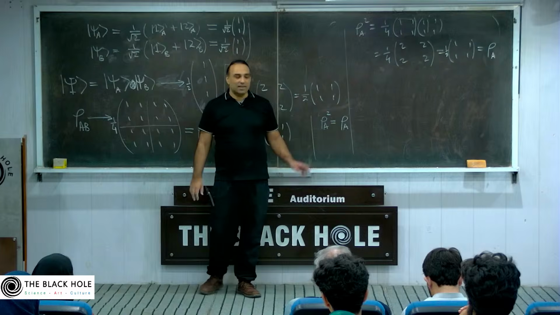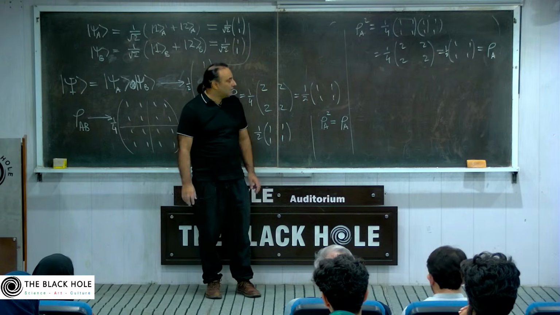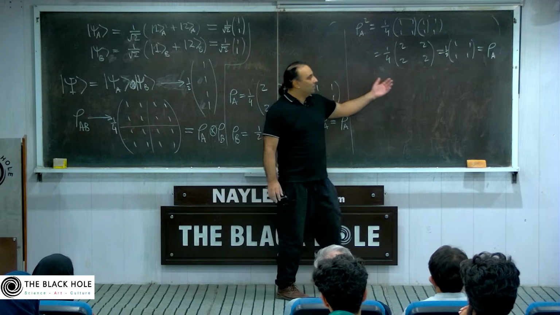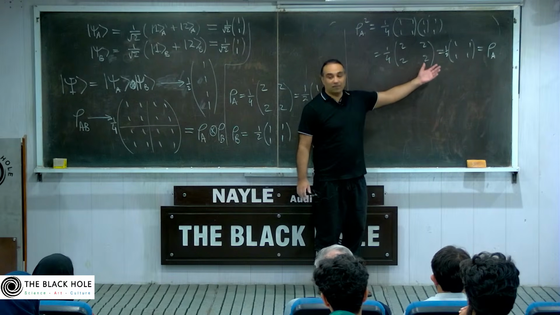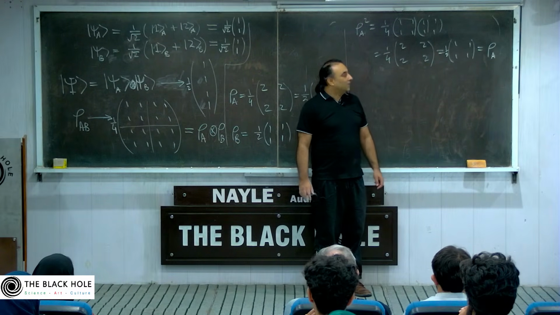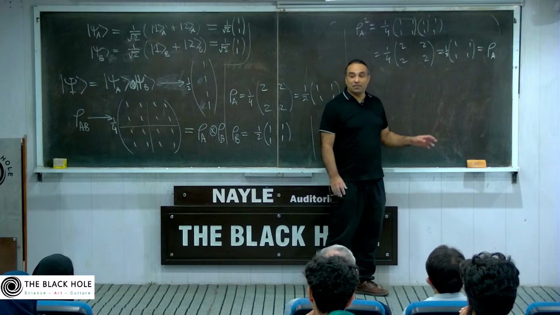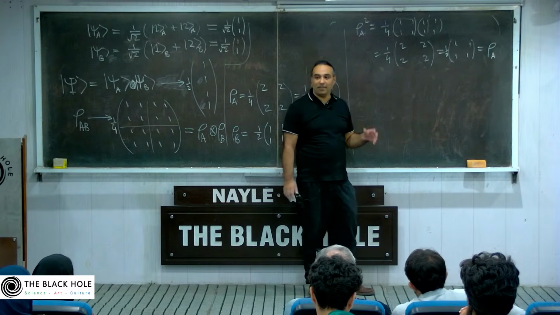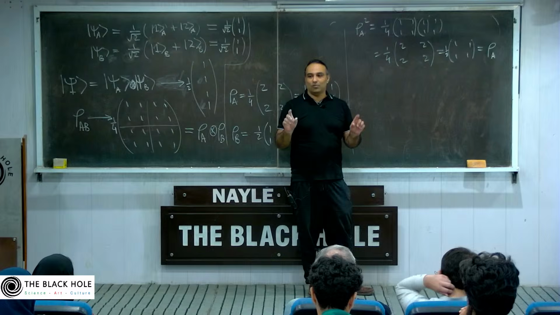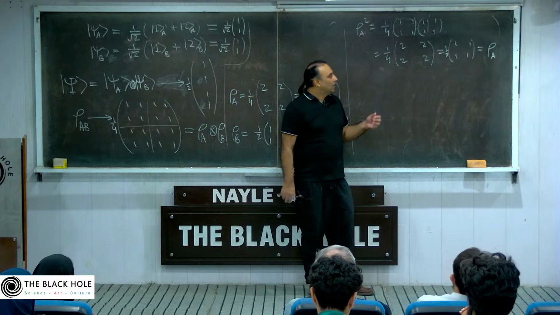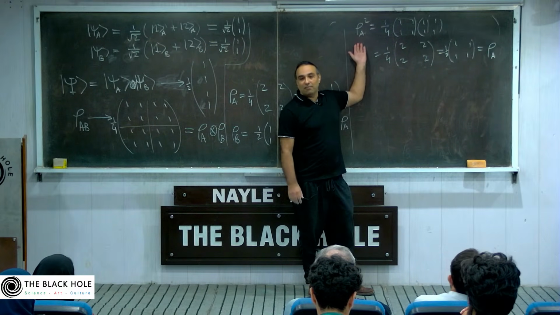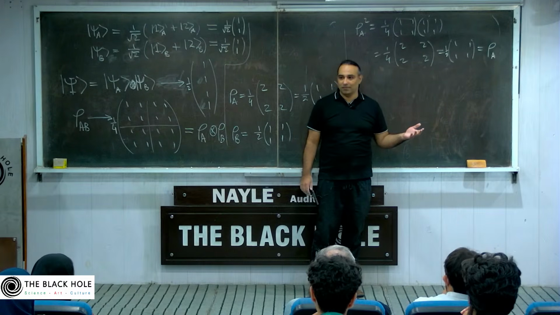Okay, for an entangled state, this doesn't hold. For an entangled state, row A square will be different from row A, and due to that, if you take the trace of row A and the trace of row A square, then those will be simple numbers, and the trace of row A square will be smaller than 1.